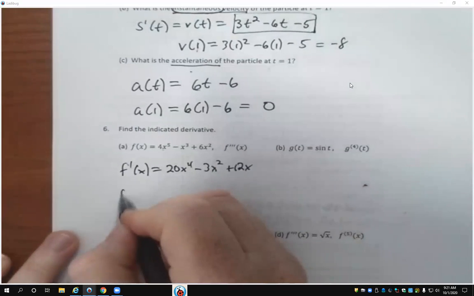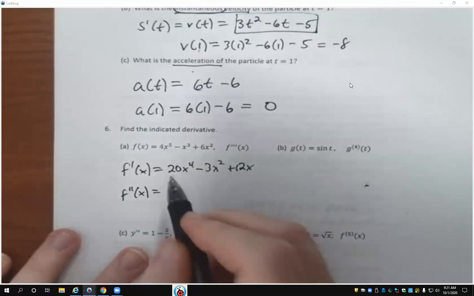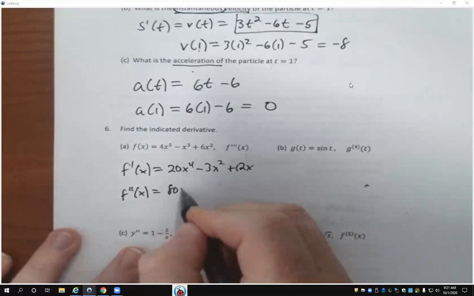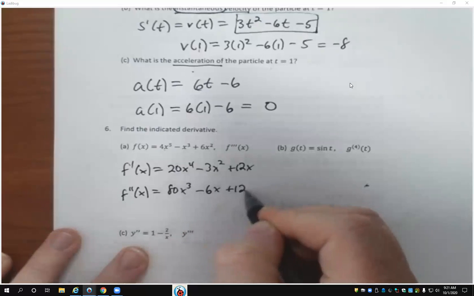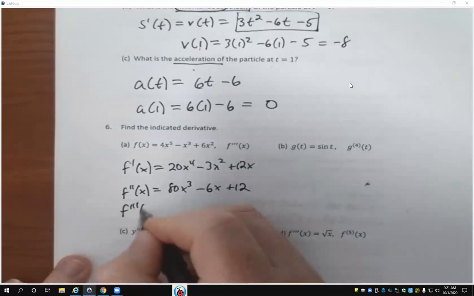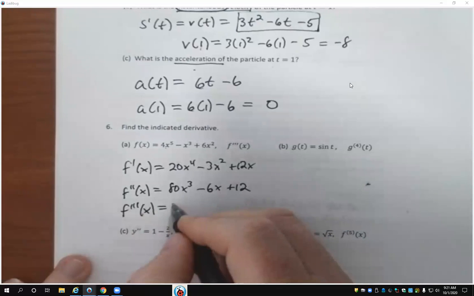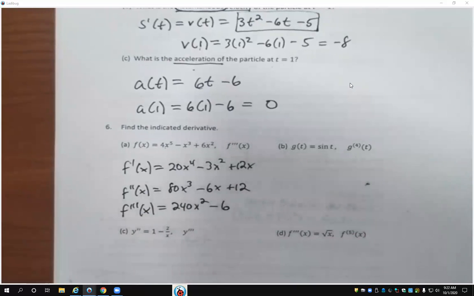We've got to go all the way to 3. f double prime is, do it again, 80x cubed minus 6x plus 12. And f triple prime is 240x squared minus 6.